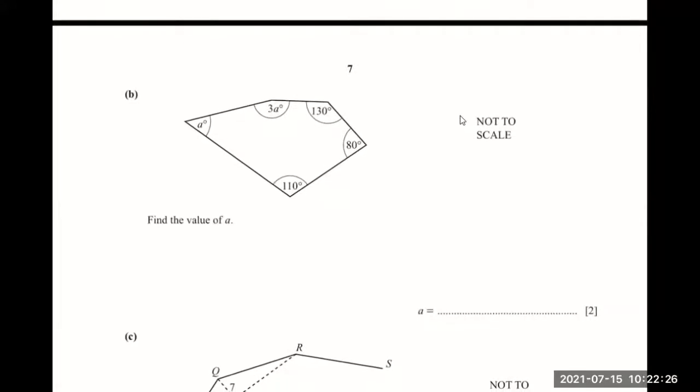Okay, so 5-sided, I can say that the sum of all of these must be 540. We just found that the sum of angles of a pentagon is 540. Something is wrong with my iPad today.